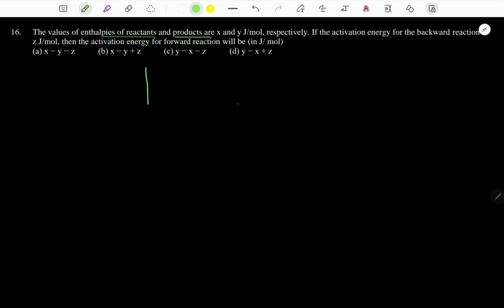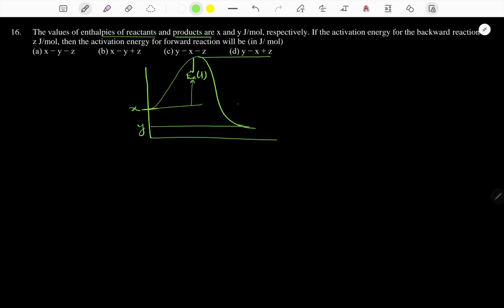So when we take a reaction with this type of graph, this is the reactant energy X, this is the product energy Y. This value is the activation energy of the forward reaction and this value is the activation energy of the backward reaction.